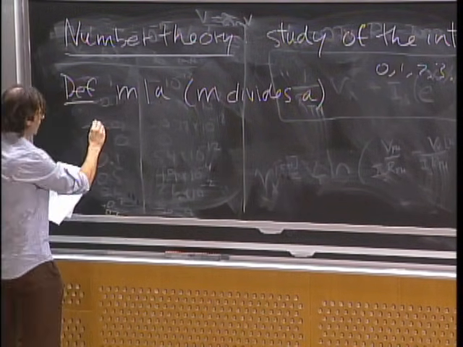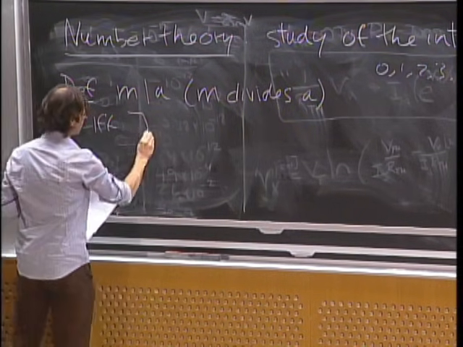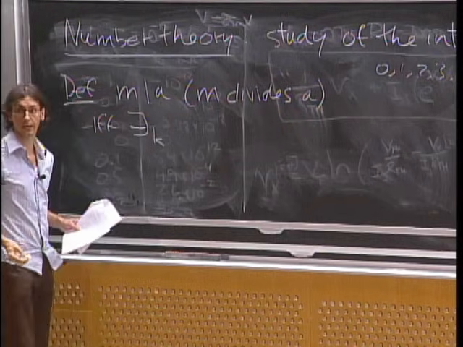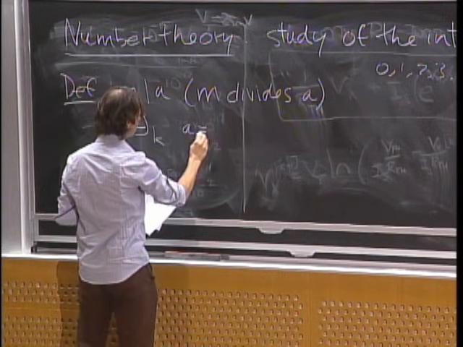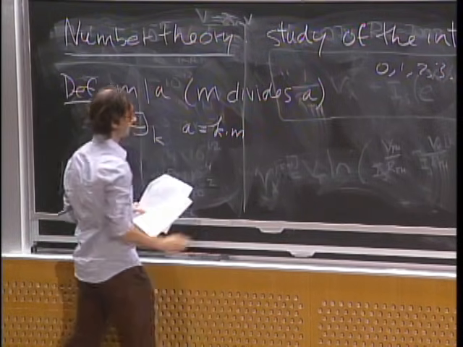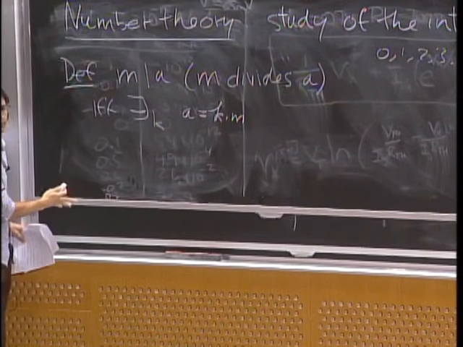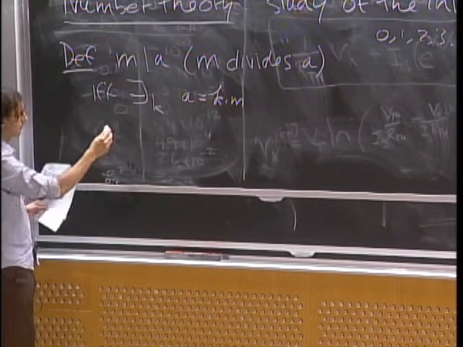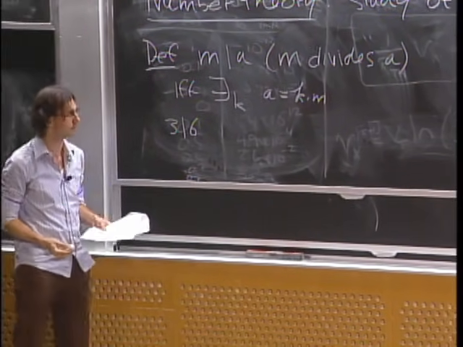Well, we say that M divides A if and only if there exists an integer k such that A can be written as a multiple of M, namely k times M. So if you look at this definition, we, for example, have that 3 divides 6, like what we just discussed.